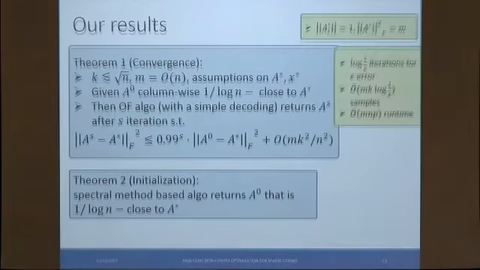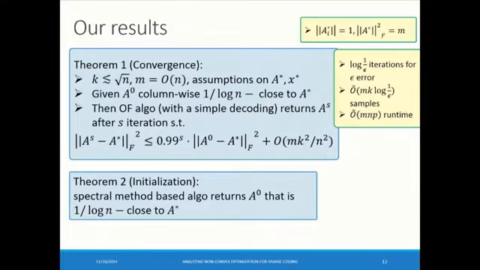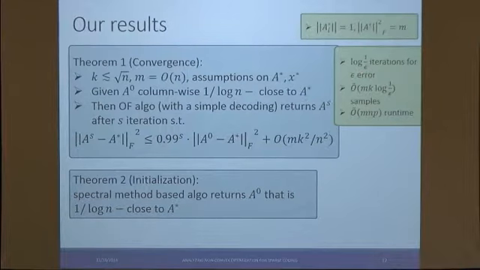Just some notes: because this is geometric decay of error, if you want to achieve epsilon error, you only need log 1 over epsilon iterations. The sample complexity is m times k, and the previous one is m squared. So we improve by at least a factor of m over k, and the sample complexity previously depended on 1 over epsilon, but here it depends on log 1 over epsilon. That's the theoretical improvement.